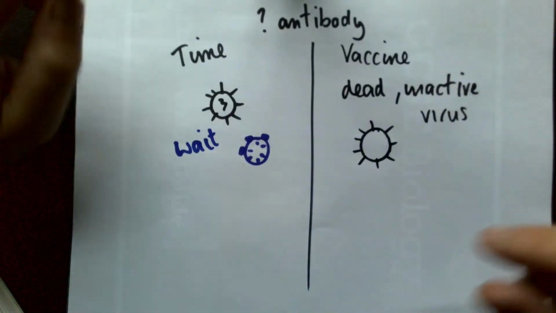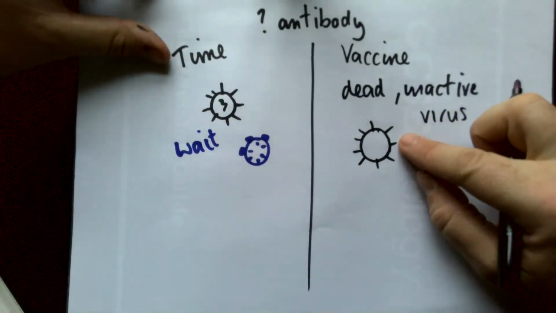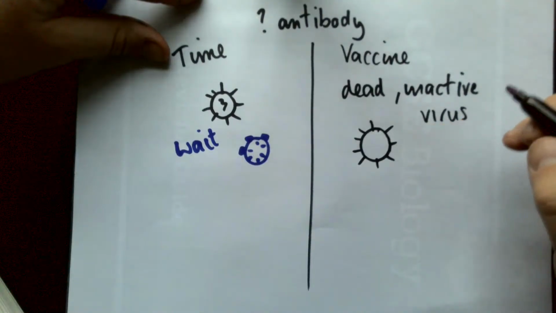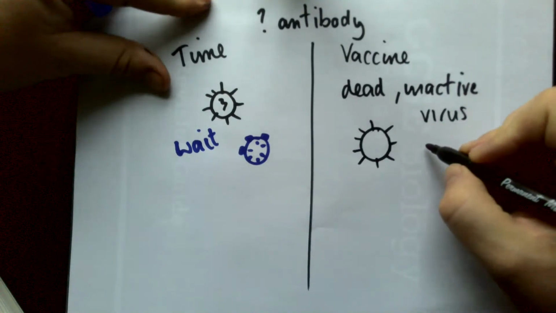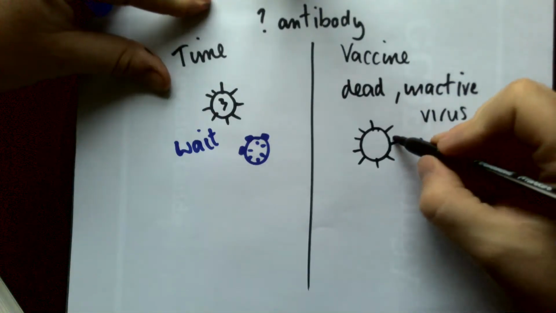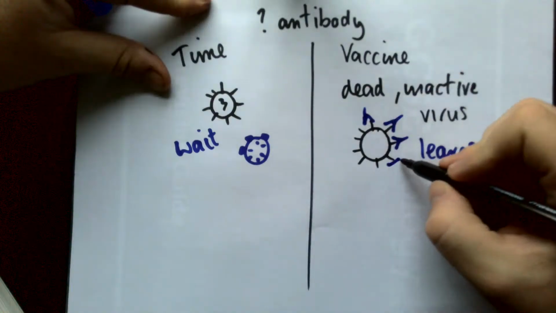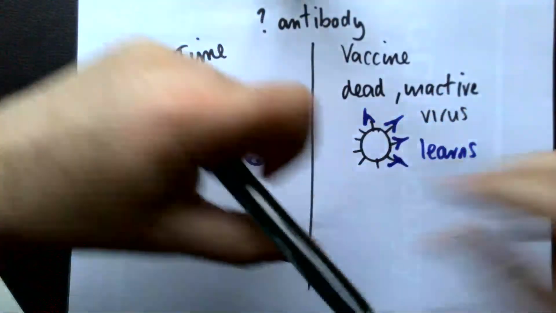But what it does do is the body says, okay, there's something new. I don't know what it is, but I'm going to learn what I have to make to attach antibodies to it. So the body learns the type of antibodies that are needed for this particular virus.